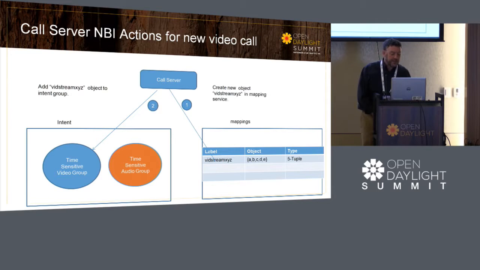When the call server sets up a new call, it pushes something into our label manager that's essentially a 5-tuple that allows you to identify and classify that traffic on the wire. Then it pushes a reference to that particular flow into one of these time-sensitive groups, and that's how the controller knows it needs to push new rules into switches and change the configuration of the network.